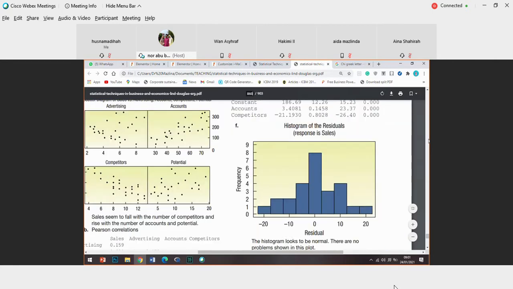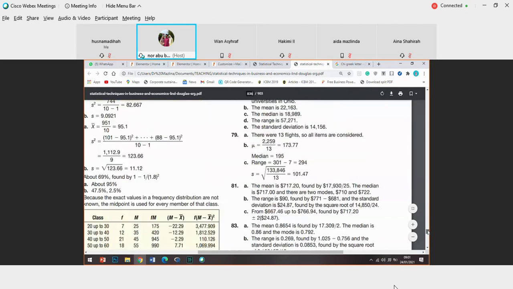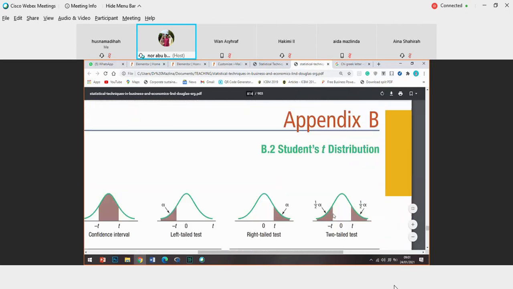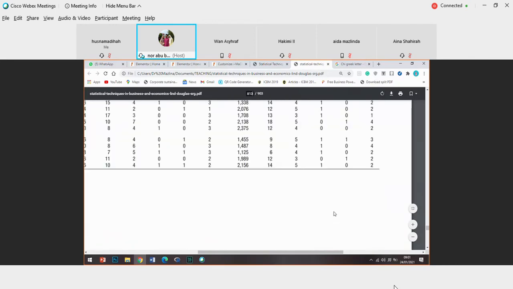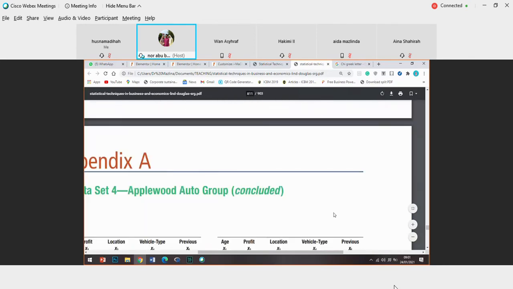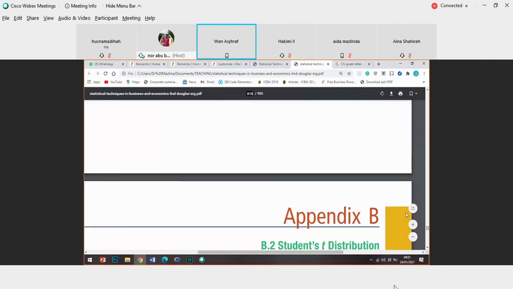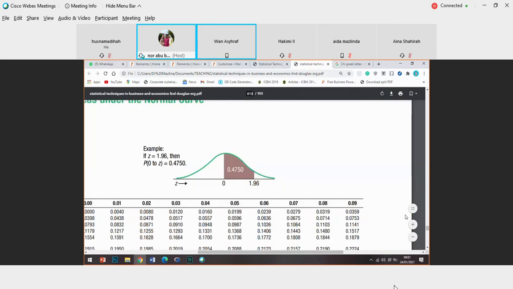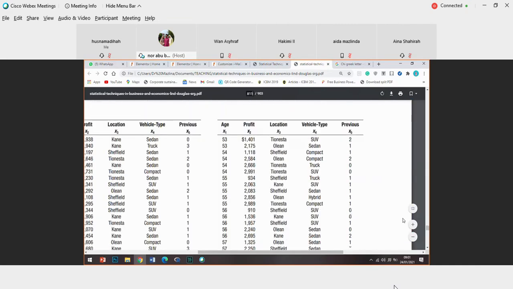Okay, bear with me. Okay, this is the one. So in the appendix, this is student's T, this is normal. Okay, mana dia? Okay. Dia macam F lah Doktor. Yang guna yang F punya kan macam tak? Lebih kurang lah. Tapi sebenarnya chi-square ni dia ada banyak ni lah.